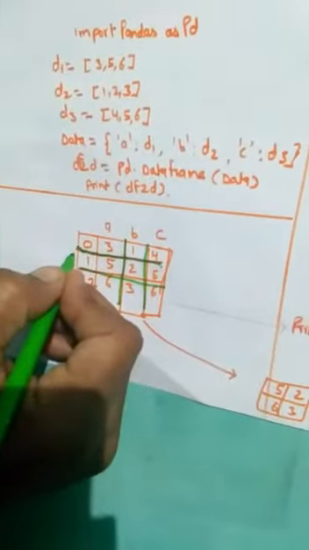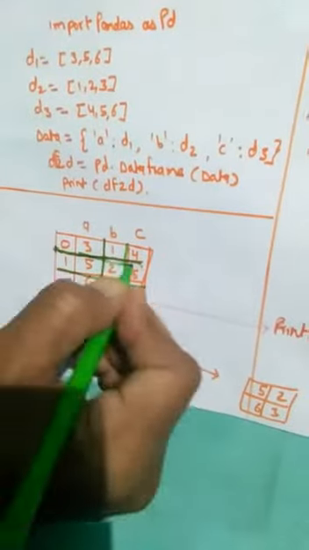So suppose I write print df2d dot loc 0 comma colon. So it includes 0 on the left side, that means include row, the 0th row. 0th row means that will be 314, the output will be 314.